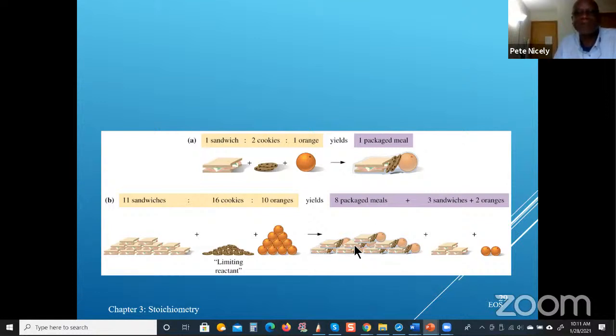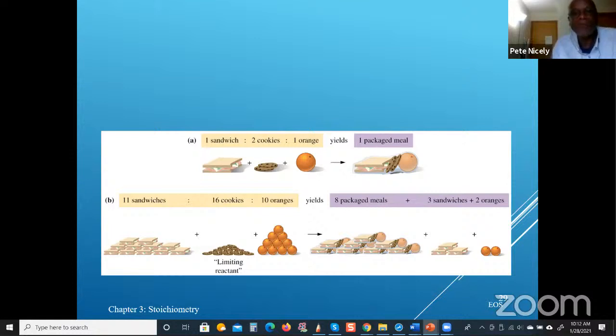That's the maximum amount of meals you can get from the combination given here. So the cookies would be the limiting reactant, and the other items, which are not completely used up, would be regarded as the excess reactants. This is basically an illustration of how the whole limiting reactant concept works.